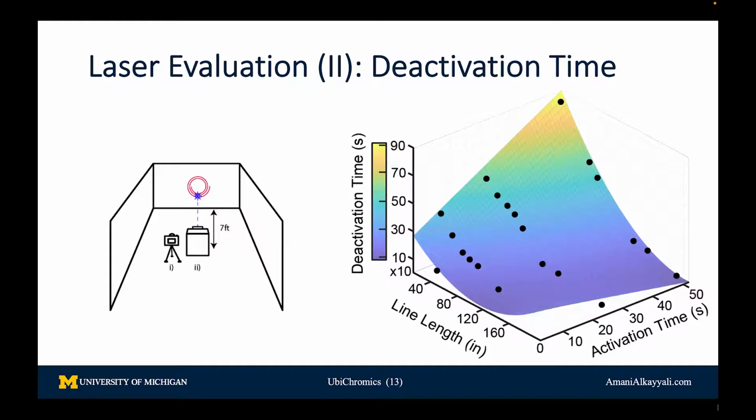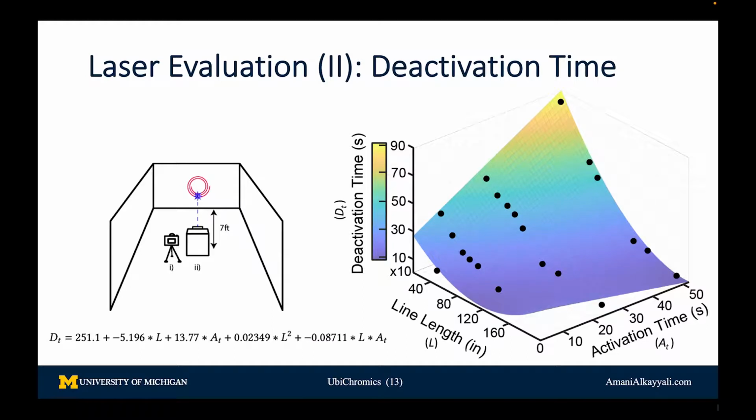And in this graph, you can see that as activation time increases, the amount of time for that displayed image to go back to clear also increases. And as we increase line length, the amount of time that the image remains on the wall decreases.